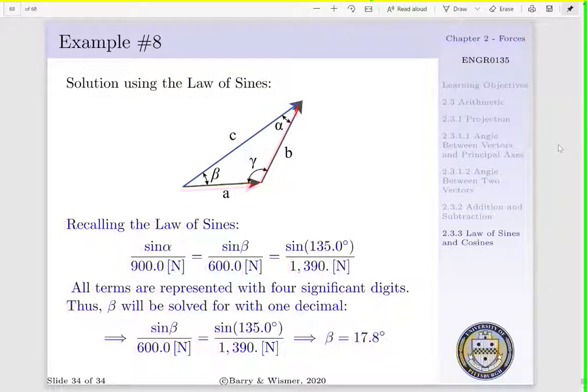And all terms are going to be represented with 4 significant digits, thus beta will be solved for in terms of 1 decimal place. So sine of beta per 600 newtons would be equal to sine of 135.0 degrees per 1390 newtons, and beta is equal to 17.8 degrees. Now we know all angles within a triangle have to sum to 180 degrees, so alpha would be 180 minus 135 minus 17.8 degrees.